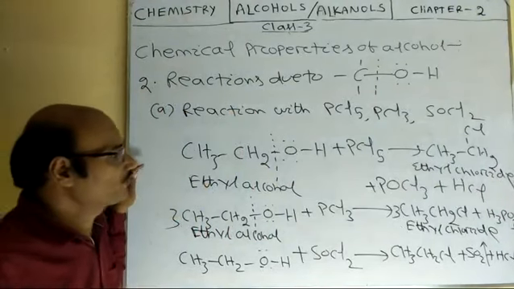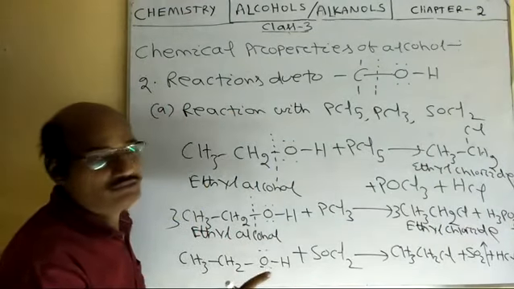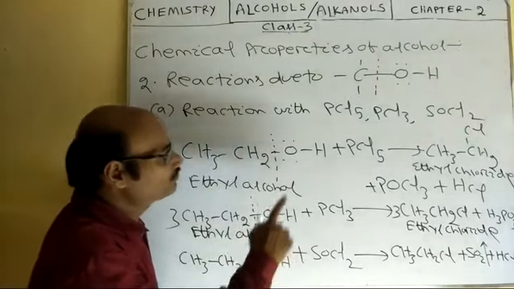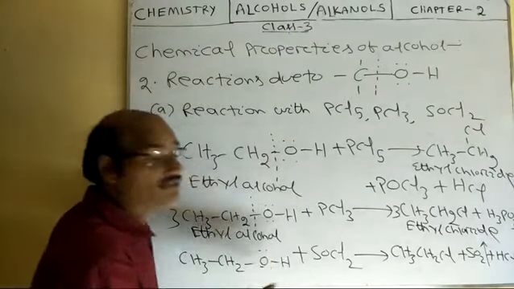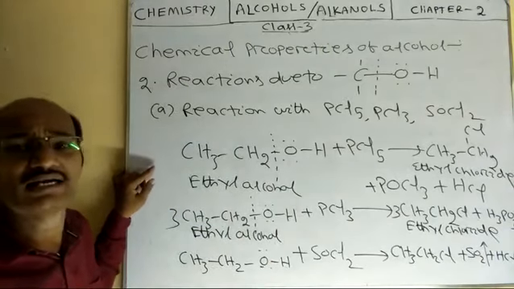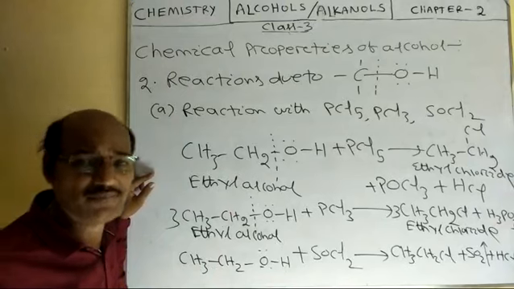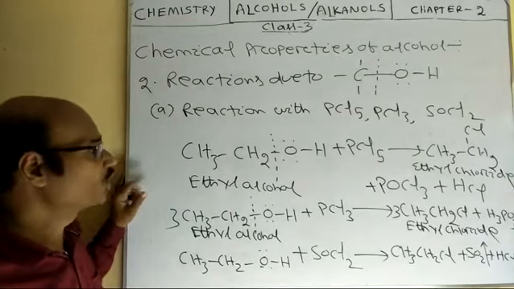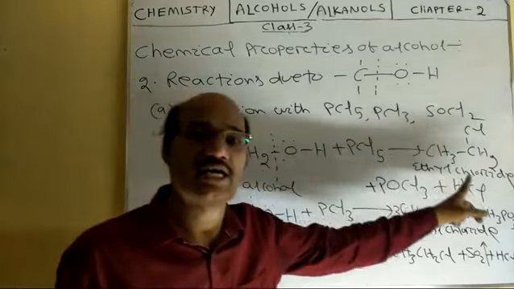So we can get haloalkanes from alcohols on treatment with PCl5 or PCl3 or SOCl2. So when alcohols are treated with PCl5 or PCl3 or SOCl2, then the corresponding haloalkanes are formed.